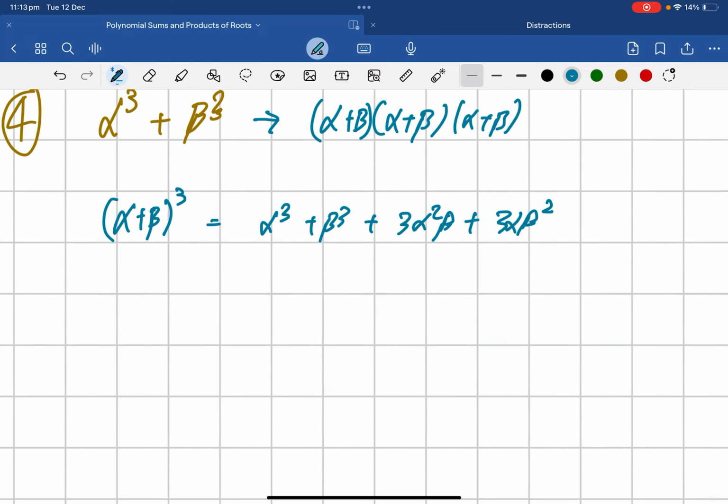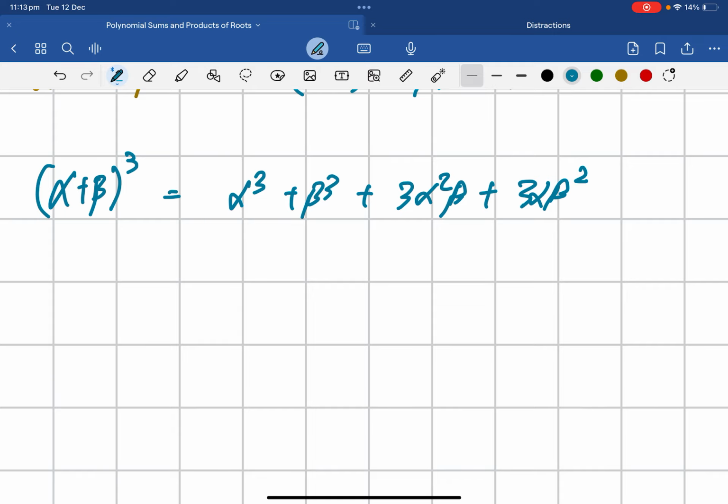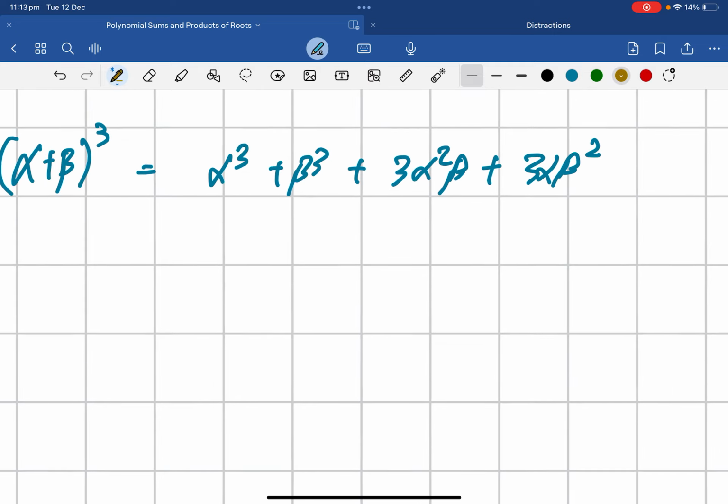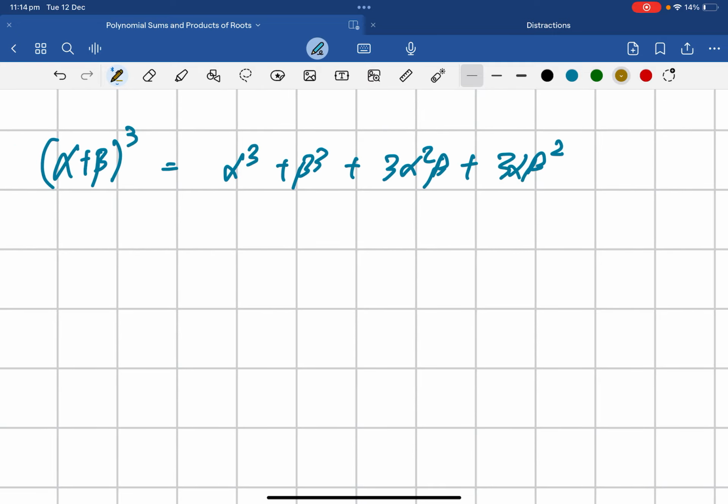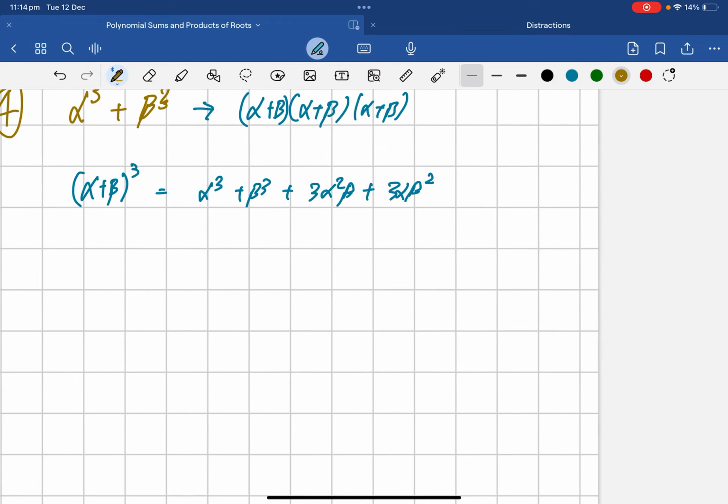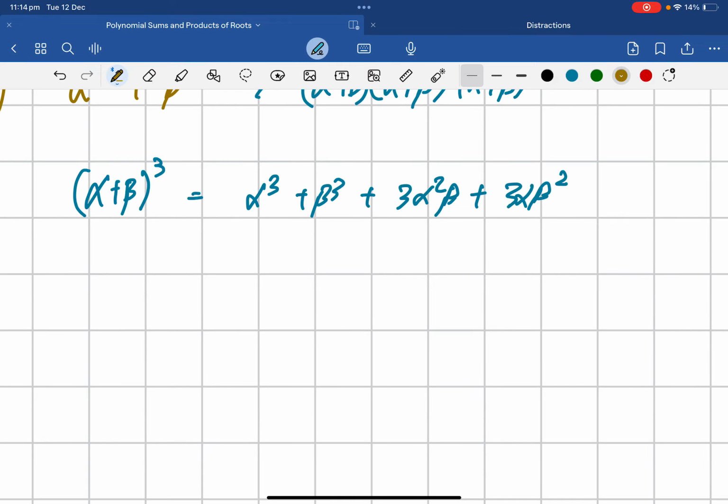That's all you are getting. Promise. Now, what can you do with this? All you know that's happening is that in alpha plus beta cubed, you're going to take these two to the other side. So minus 3 alpha squared beta.